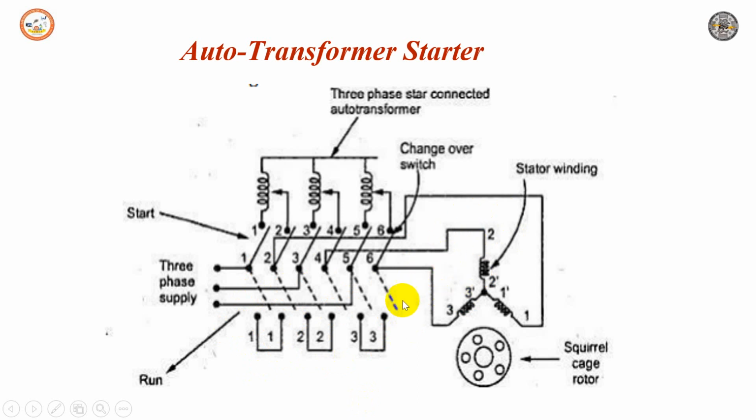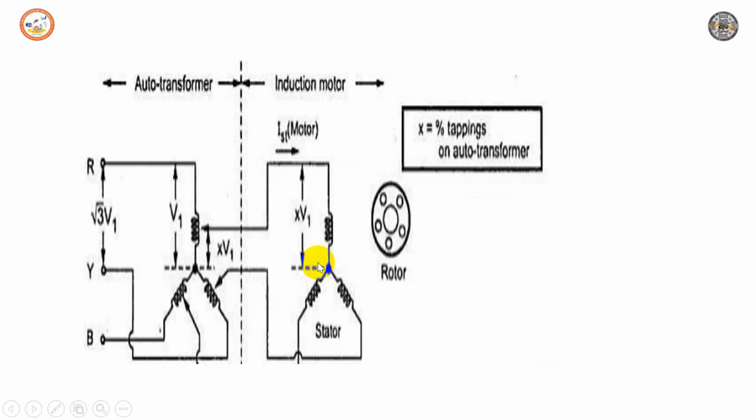So this suitable arrangement has a changeover switch. When the switch is in the start position, 1, 3 and 5, the stator winding is supplied with reduced voltage. It can be controlled by the step tappings also, which are provided in the auto transformer. So we apply a reduced voltage by a fraction called X, as shown in this diagram.